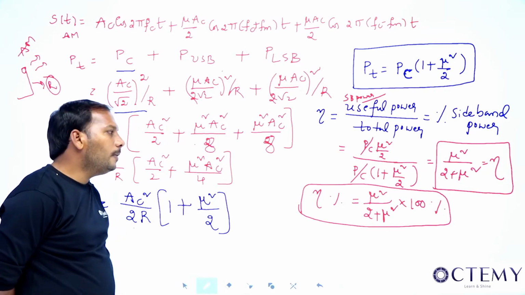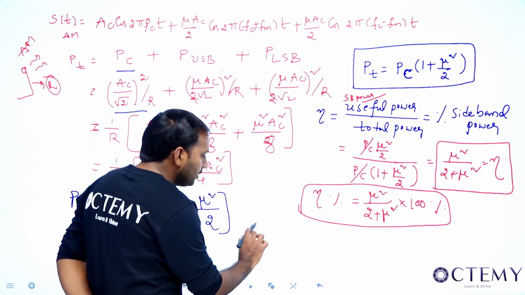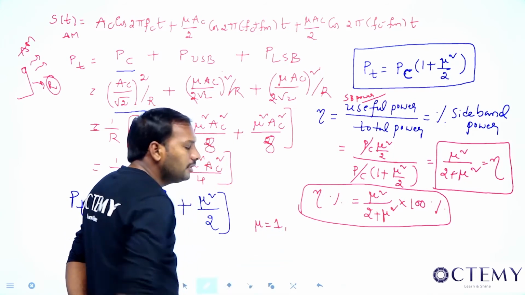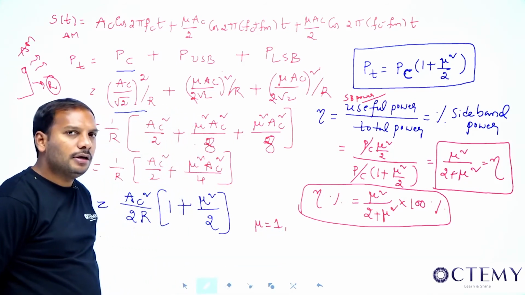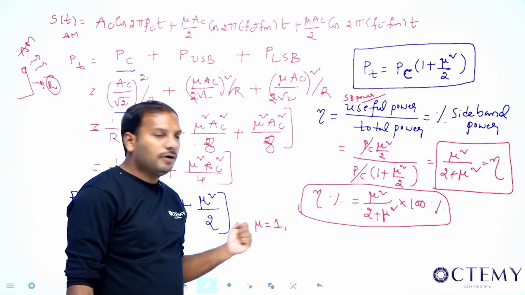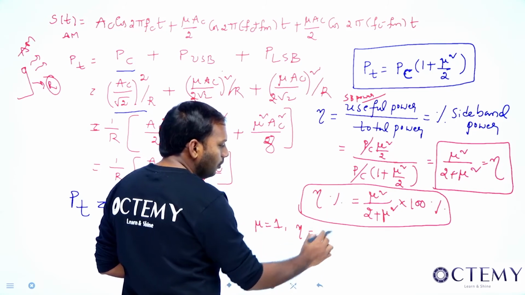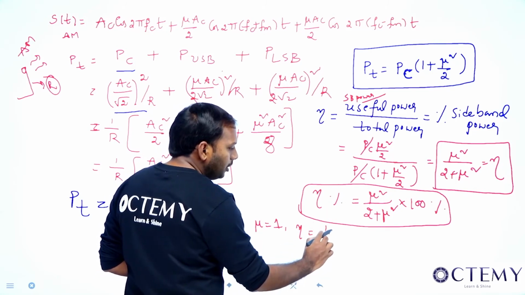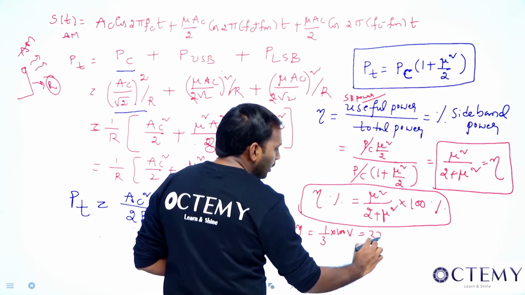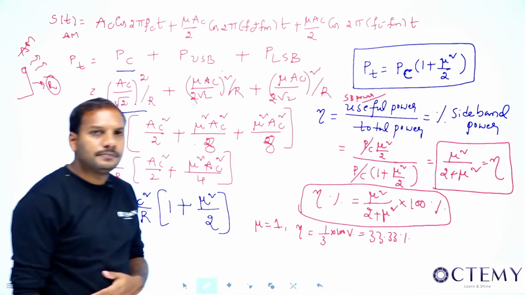Now see here, if I consider the modulation index, the maximum value of the modulation index is 1. Why it is 1, I will explain later, don't worry. But if the modulation index value is 1, then what is the efficiency? Efficiency is equal to 1 by 3 into 100%, which is 33.33% efficient system.